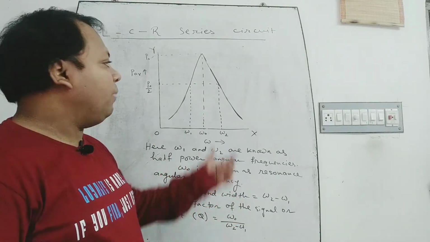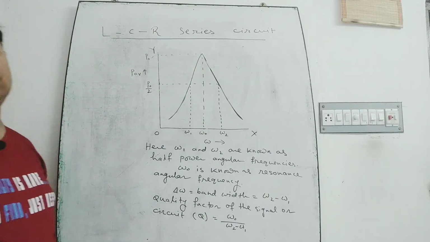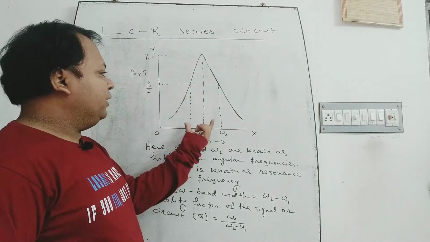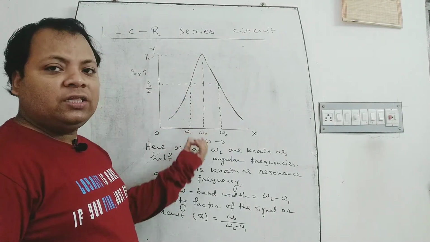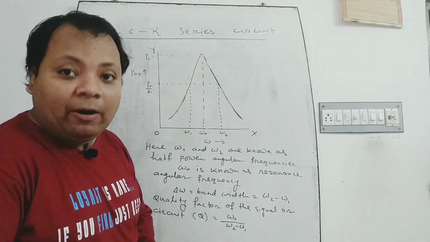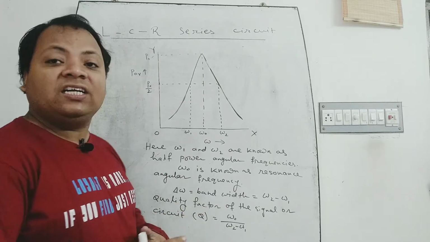That's why we can say that a greater Q means a better quality of the signal. When the value of bandwidth decreases, the sharpness of the signal also increases.